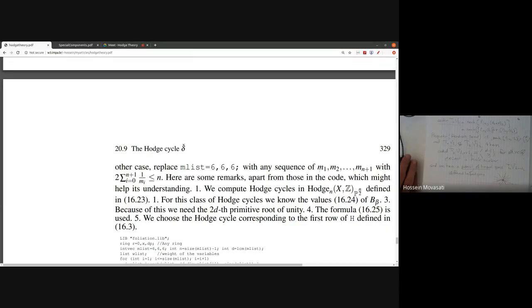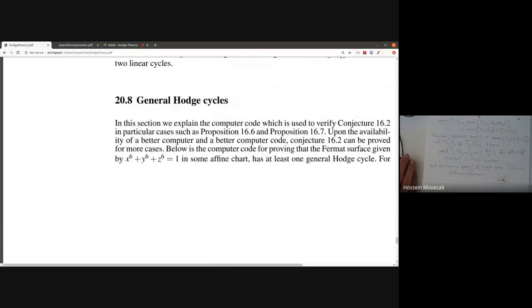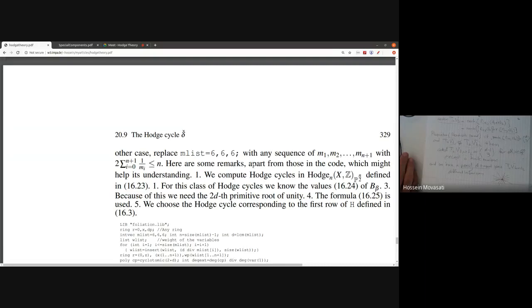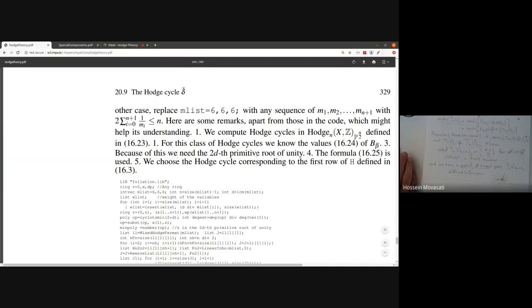Well, anyway, for example, this is in the case of the Fermat surface of degree 6, and there are some issues that now I will explain.